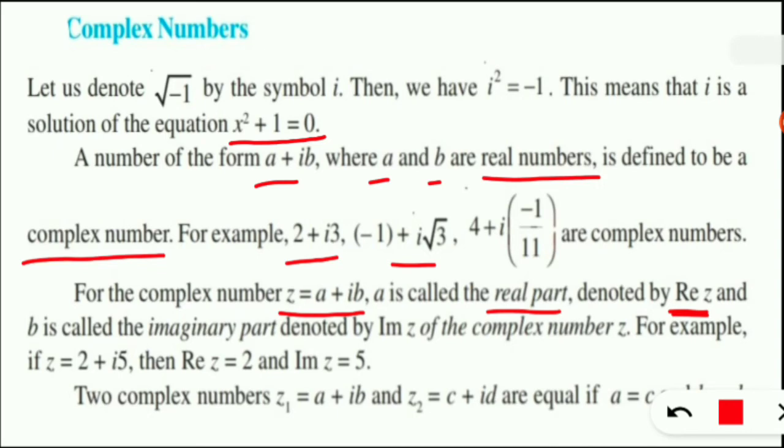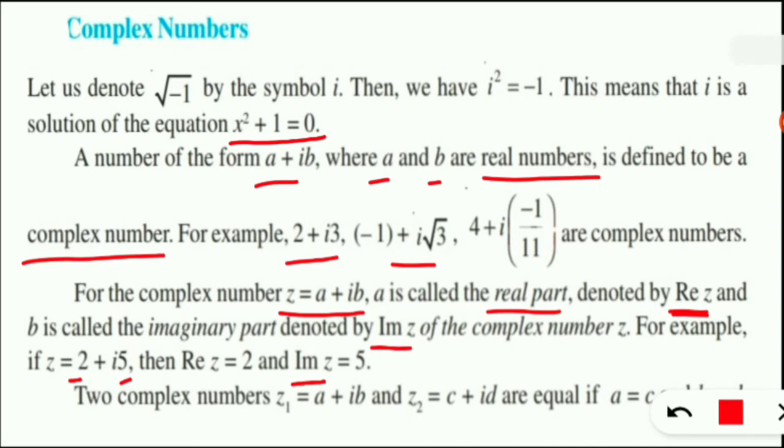Okay, and b is called the imaginary part, denoted by Im z, of the complex number z. For example, if z equals 2 plus i5, then Re z equals 2, and the imaginary part, that means Im z, equals 5. Okay.